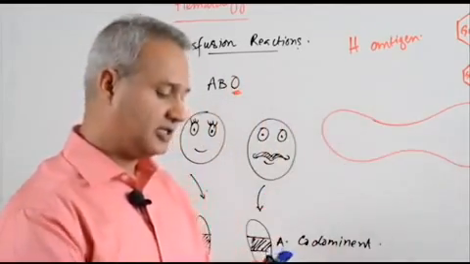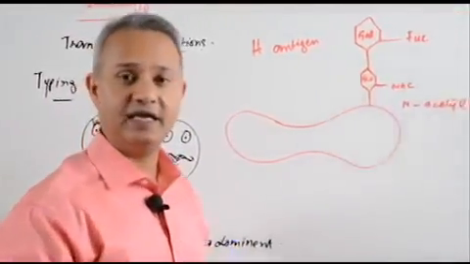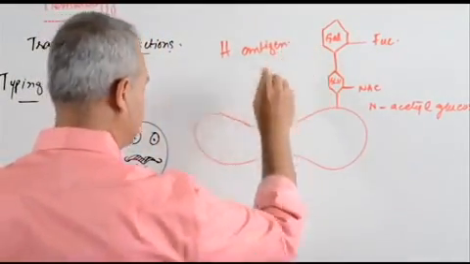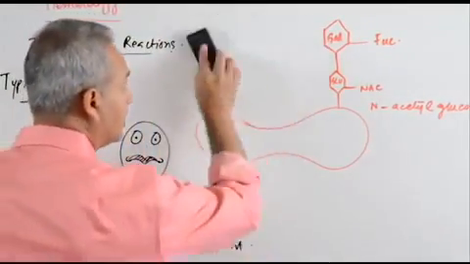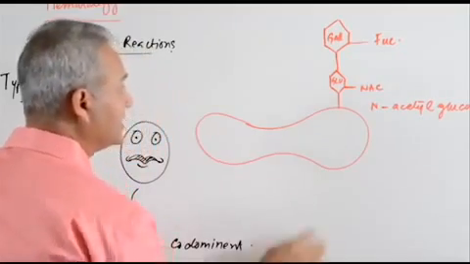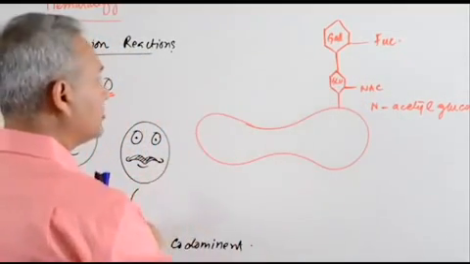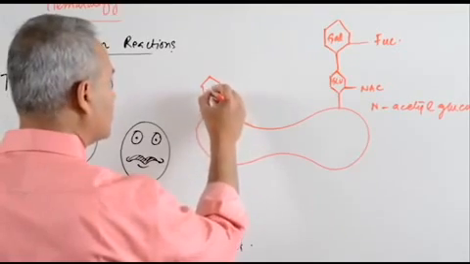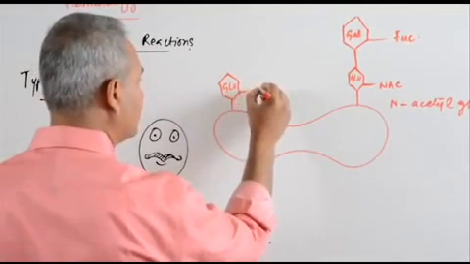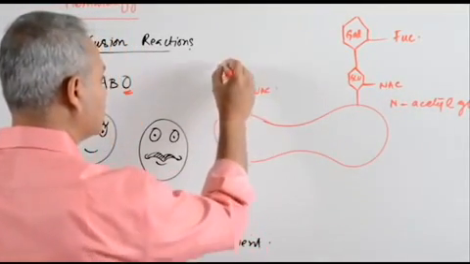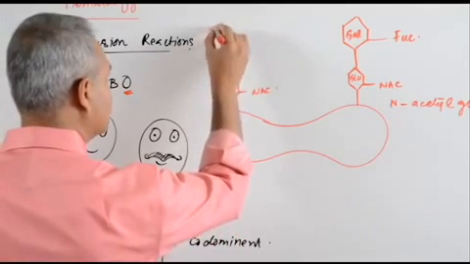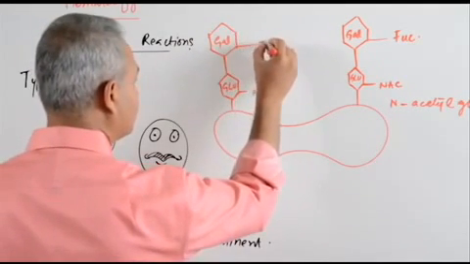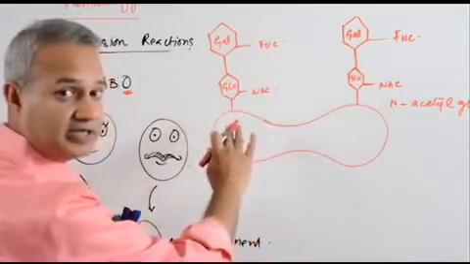Then there is the A antigen. I am going to make the exact same structure, because this structure acts as a base structure. We have N-acetyl glucosamine connected with galactose, which is connected to fucose. That is the H antigen.